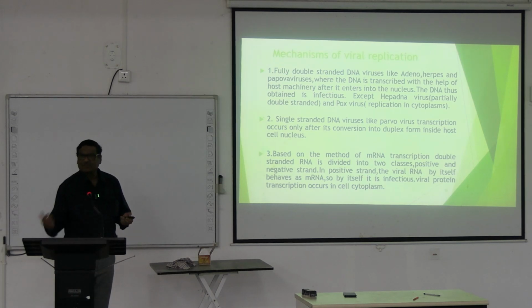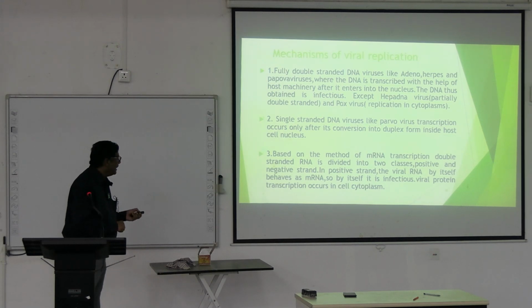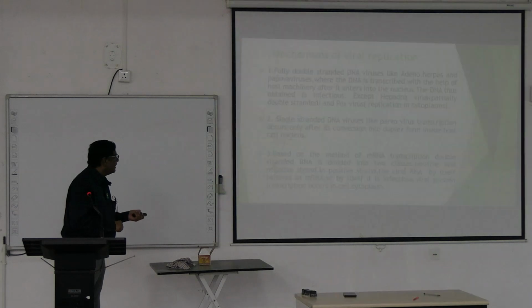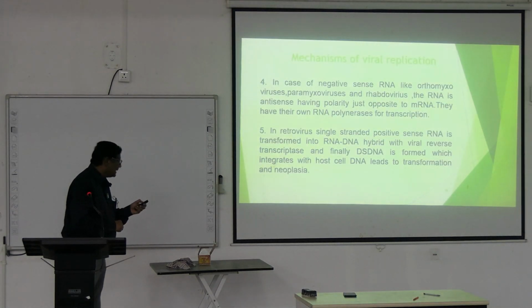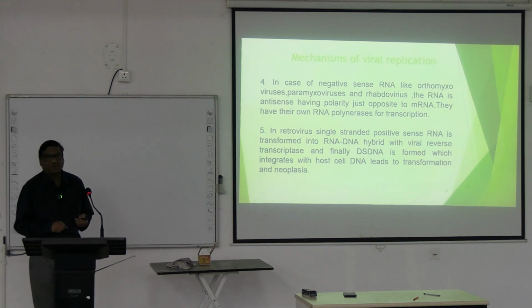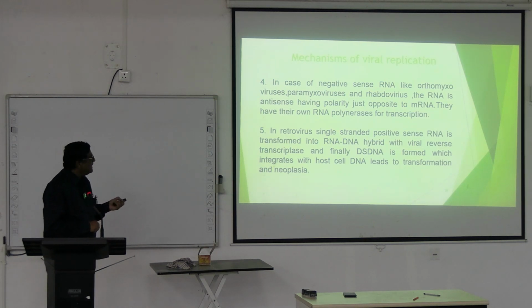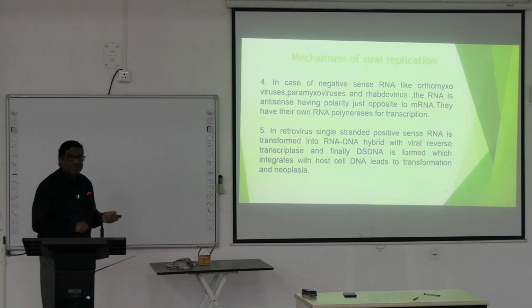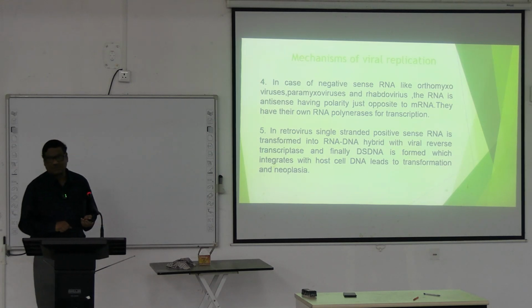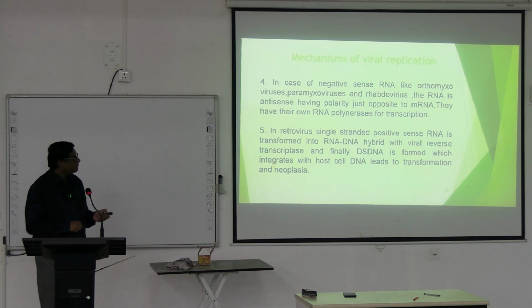So first the complementary strand will form with the host cell enzymes, and then it is the same as double-stranded. In the case of negative sense RNA like orthomyxovirus, paramyxovirus and rhabdovirus, the RNA is antisense, having polarity just opposite to messenger RNA. They have their own RNA polymerase for transcription, RdRp.